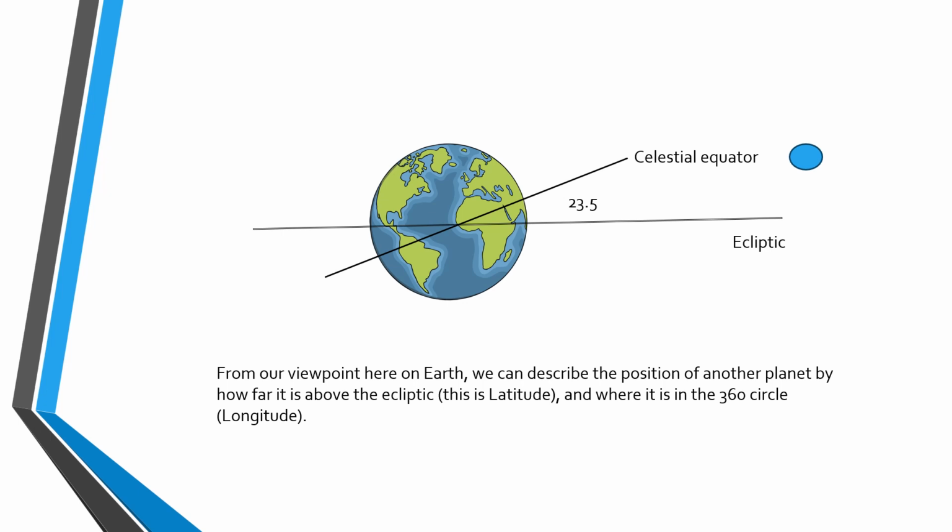You're going to measure how far it is above the ecliptic, and that is what we call the latitude. And you're going to describe where that planet is relative to a 360-degree circle. That is what we call the longitude. The starting point for longitude is, of course, Greenwich, 0 degrees on any globe or in any atlas. That's standard procedure. So latitude and longitude using our viewpoint from here on Earth.